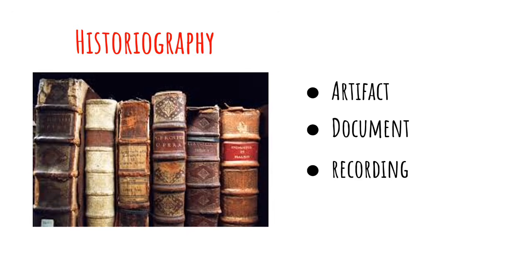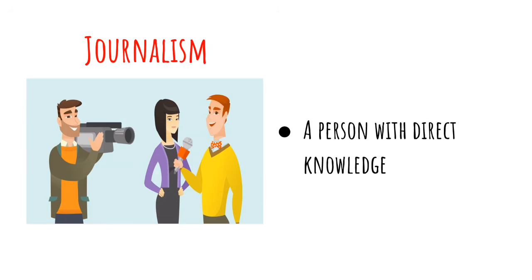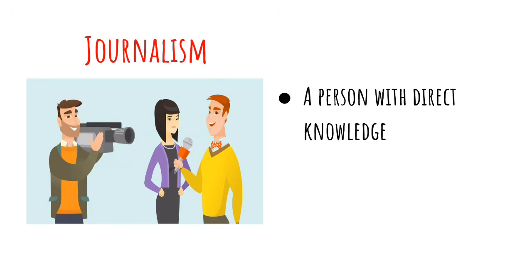If created by a human source, then a source with direct personal knowledge of the events being described. It serves as an original source of information about the topic. In journalism, a primary source can be a person with direct knowledge of a situation or a document created by such person.